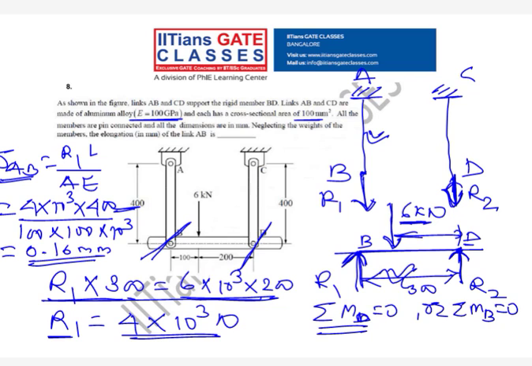Now you guys know delta AB. Suppose they ask what will be delta CD. So delta CD will be nothing but R2 LCD upon A into E. Is it clear to everyone?